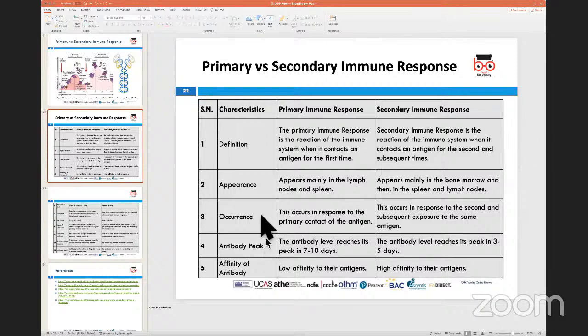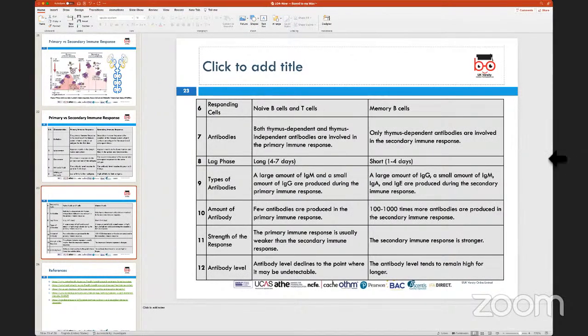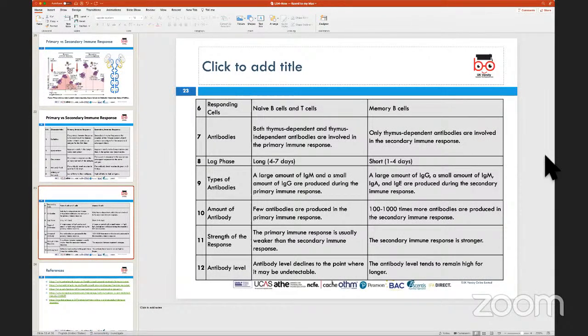So in this table, I've differentiated them by looking at the definition of the two responses, how you would normally see this response starting, where it would occur, how the antibodies peak, then whether the antibodies would be produced again if the infection were to happen again in the human body, how quickly that would happen, and then some of the other factors in terms of the various kinds of cells these primary and secondary immune responses would be calling into action to produce a defense against the infection which the pathogen is trying to cause in the human body.